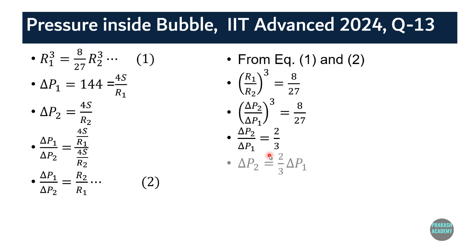This means delta P2 is 2/3 of delta P1, and initially we know the excess pressure delta P1 is 144 Pascal. So 144 times 2/3 is basically 96 Pascal. So the excess pressure inside this bubble after reducing the chamber pressure is 96 Pascal.